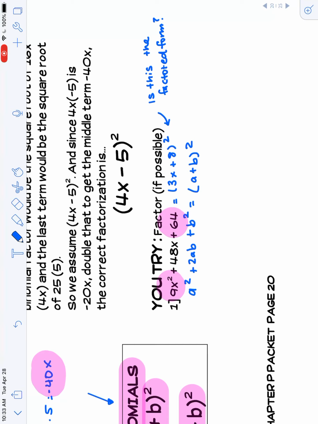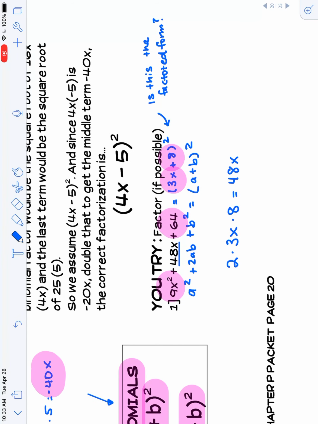In order to find out, I need to figure out, does the middle match up? So I take 2 times a times b. 2 times 3 is 6. 6 times 8 is 48x. And yes, that does match up. So the factored form is 3x plus 8 squared.